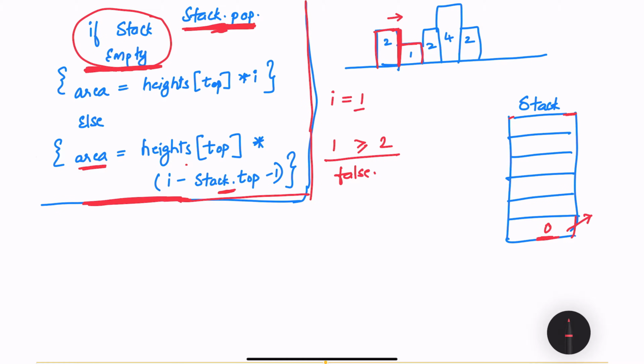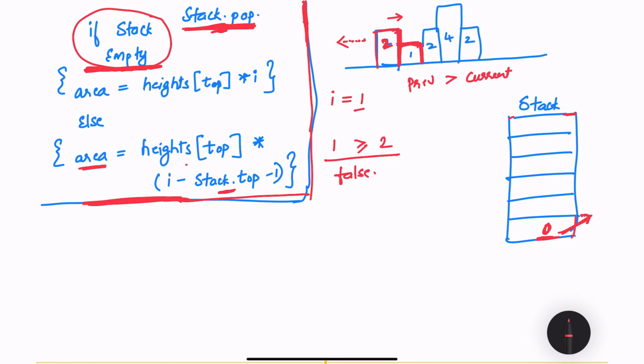Because of that, we will have to pop this value out, do the calculation with all of the values before it, calculate the maximum area that we could have built so far, and then save it. We will start a new iteration with value 1 or index 1. We will use the same logic every time we encounter a situation where the previous value is greater than the current value.